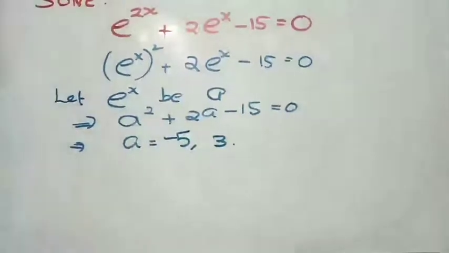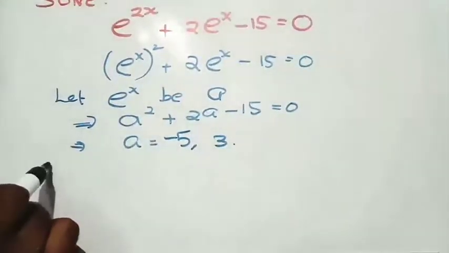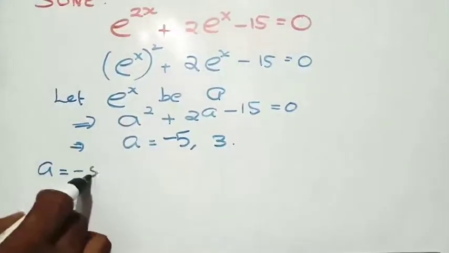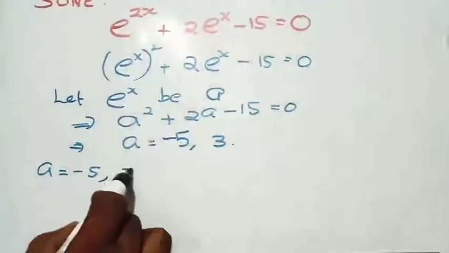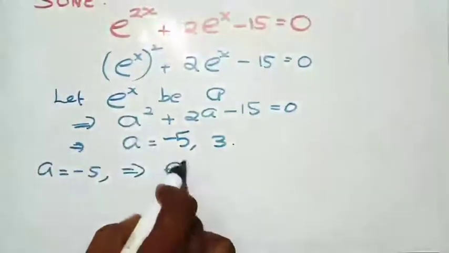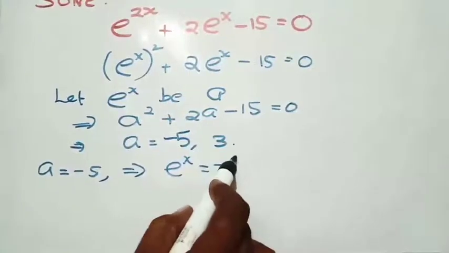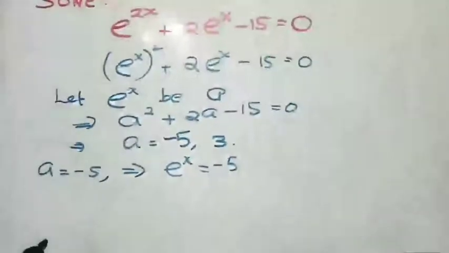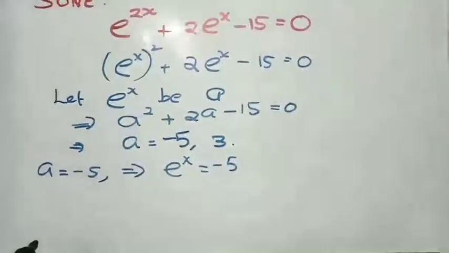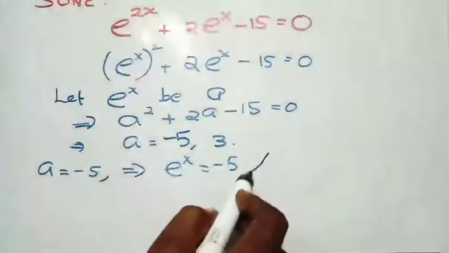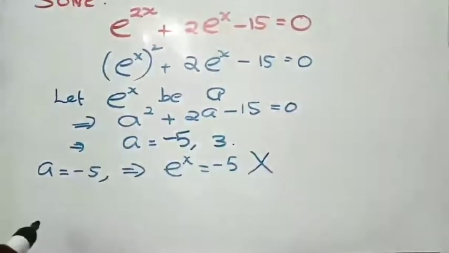Okay, so if a is minus 5, it implies e raised to x is negative 5. E raised to x is negative 5 is not possible as an exponential value cannot be negative.